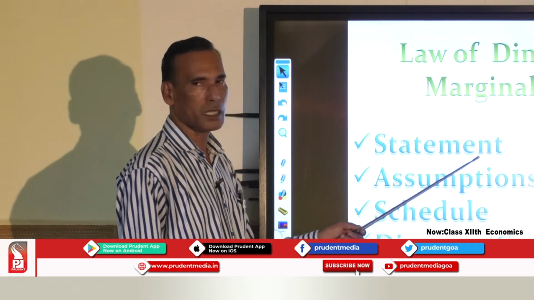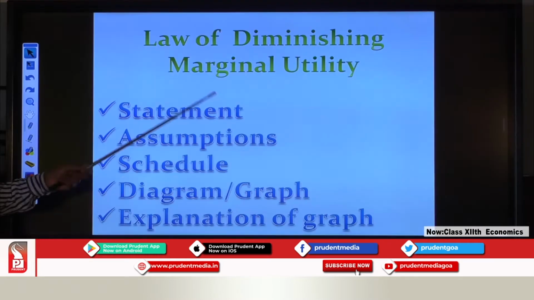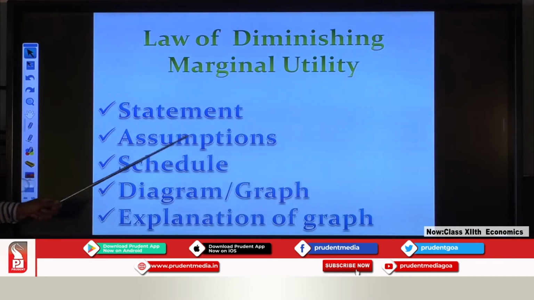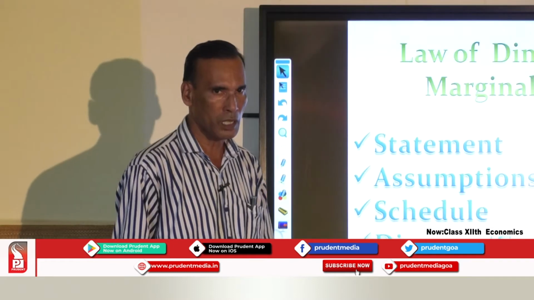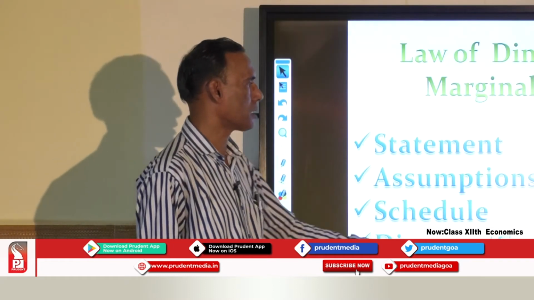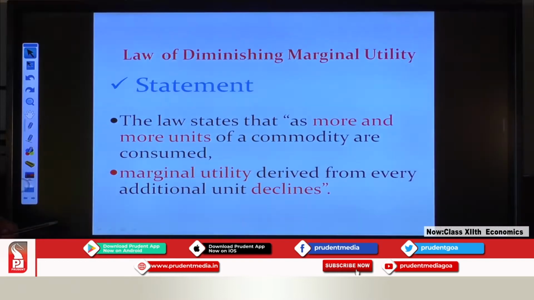Each part carries one mark, say statement 1 mark, assumptions 1 mark, schedule 1 mark, diagram 1 mark, explanation of the diagram or the graph 1 mark. Okay? So, let us understand the law.